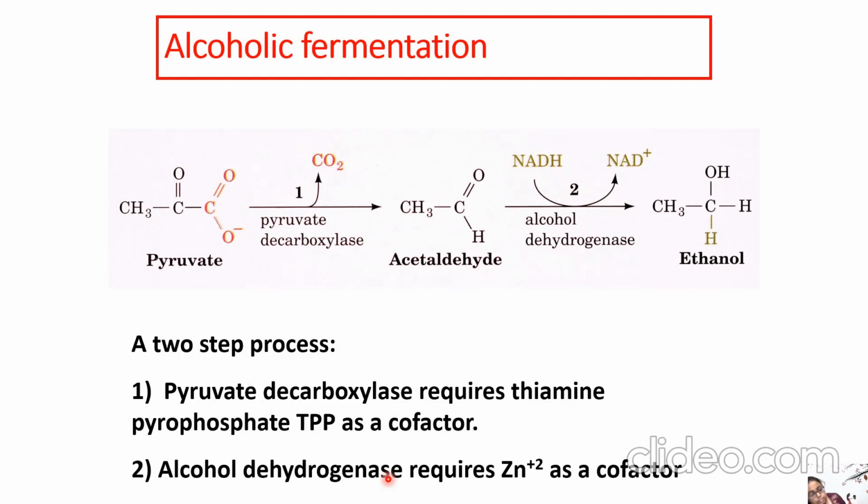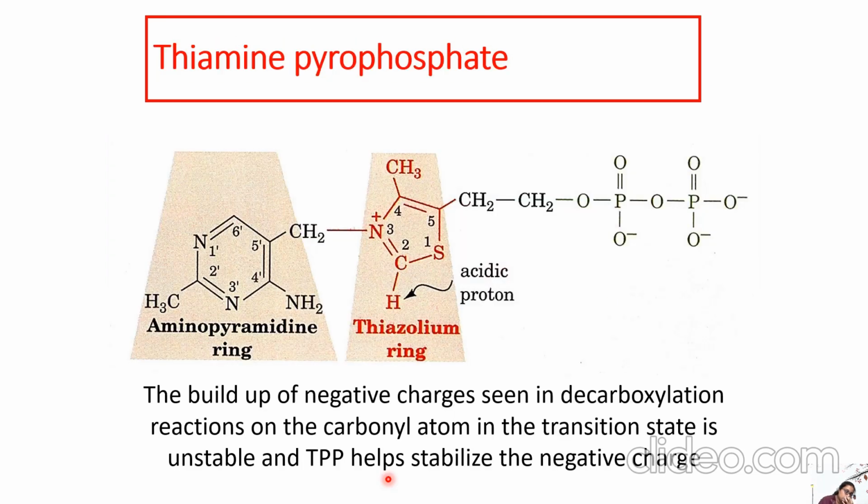Pyruvate decarboxylase requires thiamine pyrophosphate, TPP, as a cofactor. Alcohol dehydrogenase requires Zn2+ as a cofactor. In carboxylation reactions, the buildup of negative charge on the carbonyl atom in the transition state is unstable, and thiamine pyrophosphate helps stabilize the negative charge.